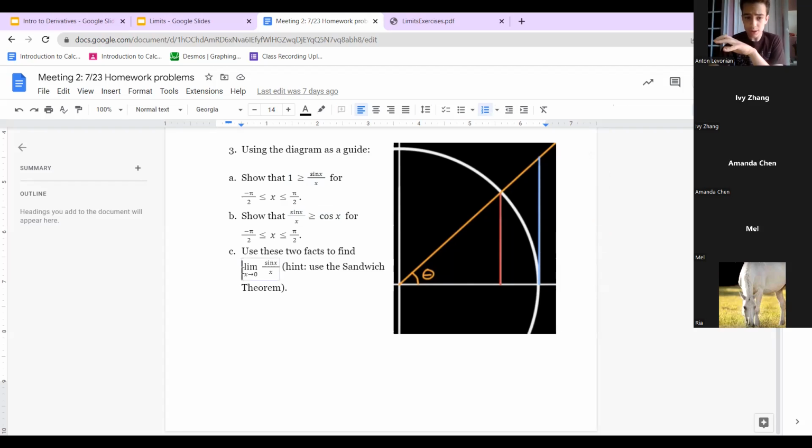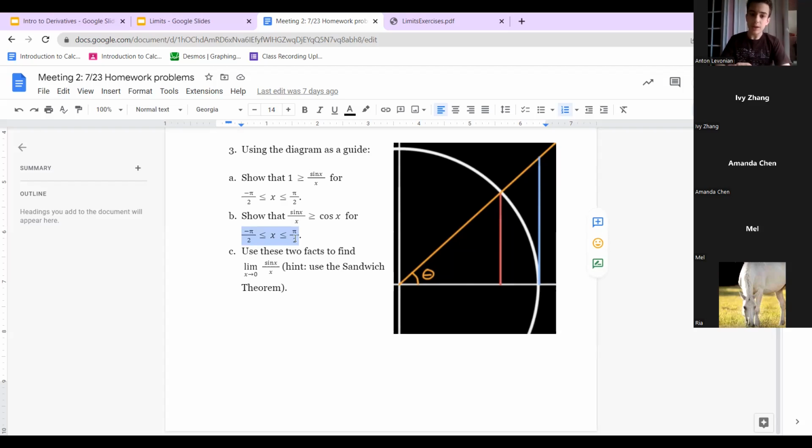The important part is the actual part where limits come in. Notice that since 1 is bigger than or equal to sine of x over x on this interval in which 0 is contained, and sine of x over x is bigger than or equal to cosine of x on this interval where 0 is contained, when we take the limit as x approaches 0 of 1, we get 1.